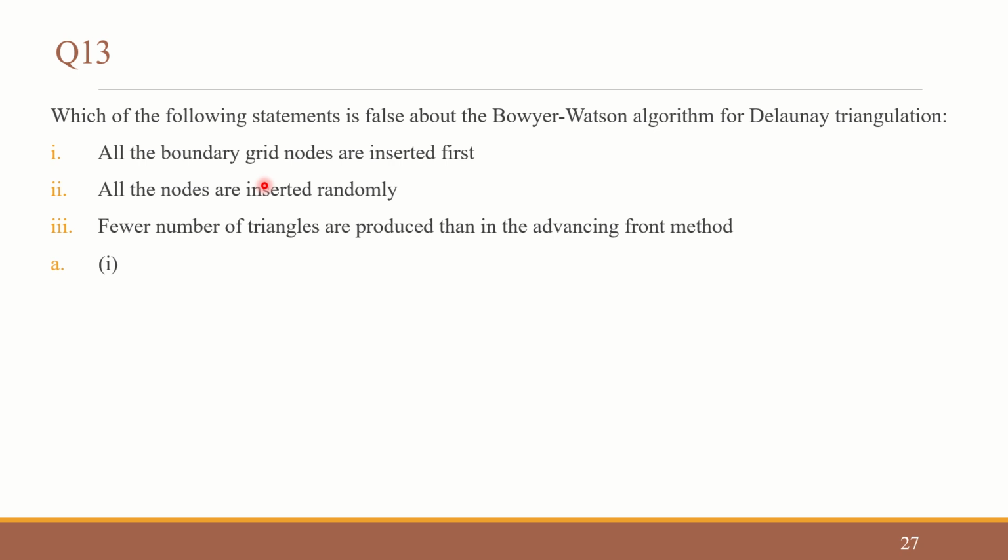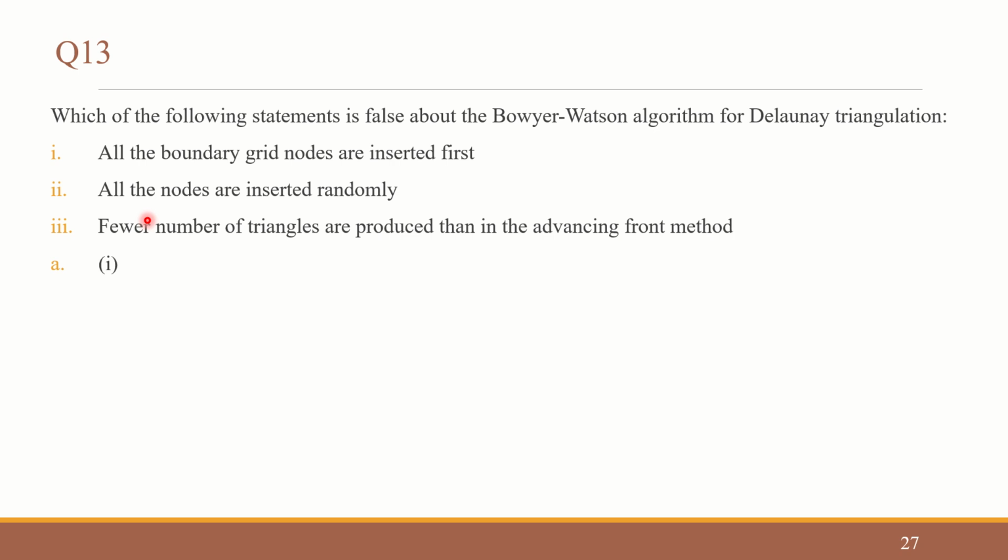Coming to the third one, fewer triangles are produced than in the advancing front method. This is again false, because we cannot say anything about the number of triangles produced by the Bowyer-Watson algorithm compared to other Delaunay triangulation schemes. So 1 and 3 are false, whereas the second one is true.